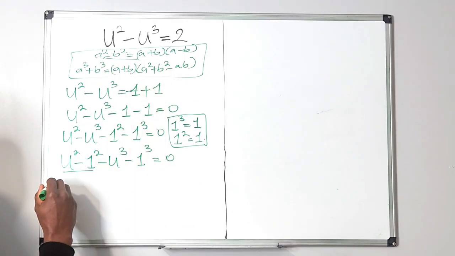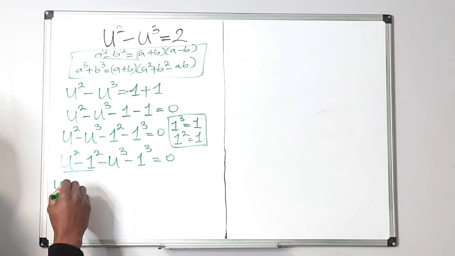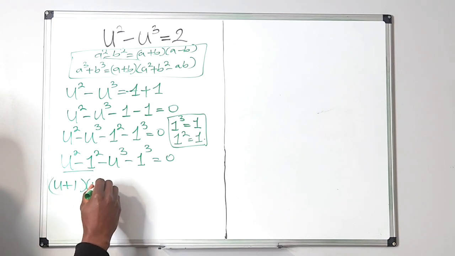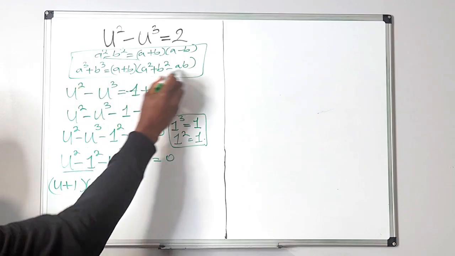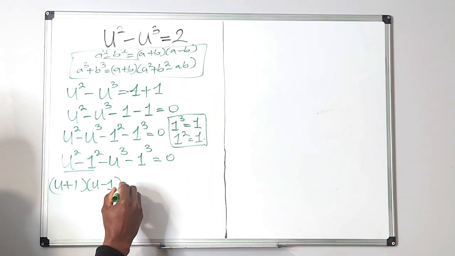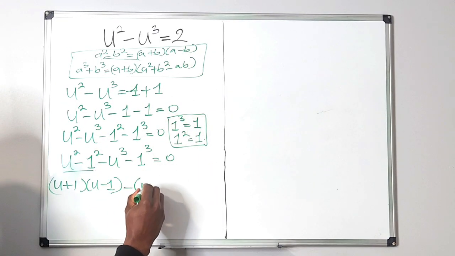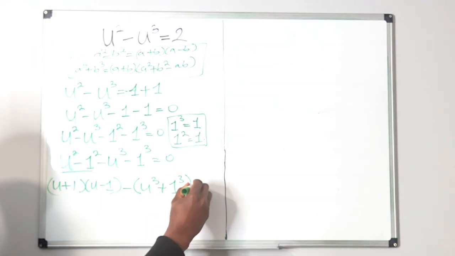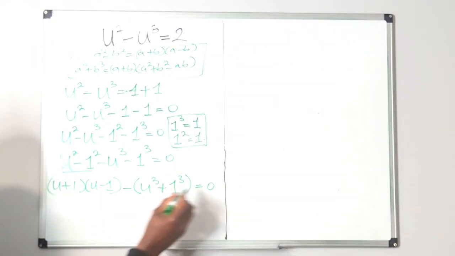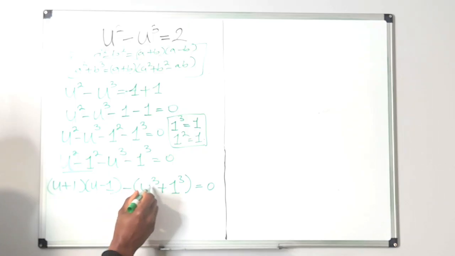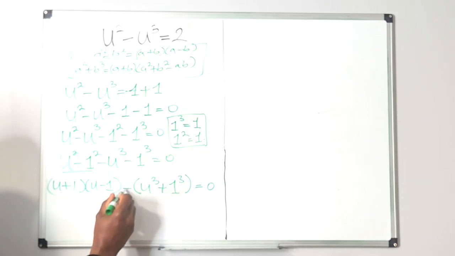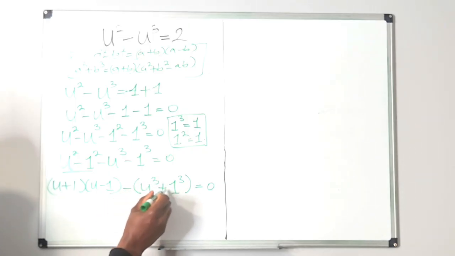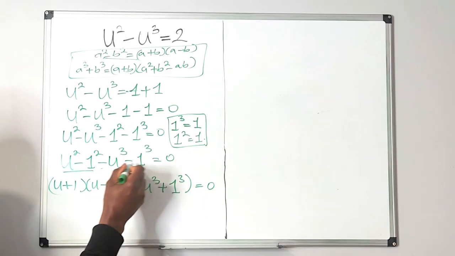That becomes u plus 1, u minus 1. Then let's rewrite this into what we have here. So this becomes minus u cubed plus 1 raised to the power 3 equals 0. Because when we multiply out, this becomes minus u raised to the power 3. Minus times plus gives us minus 1 raised to the power 3, which is what we have here.